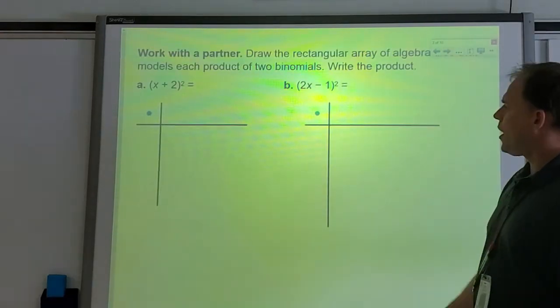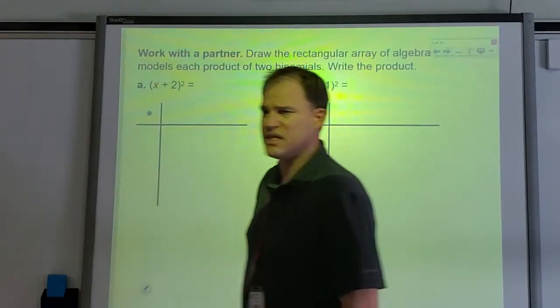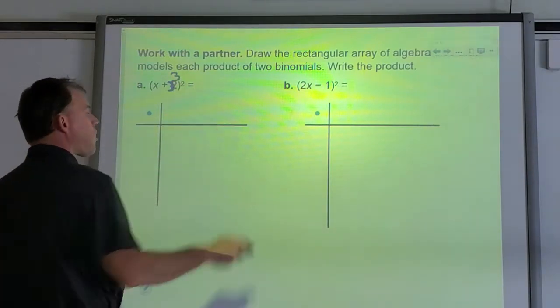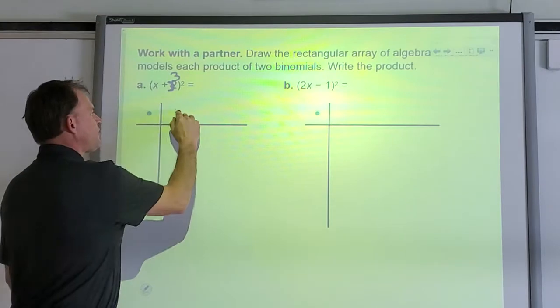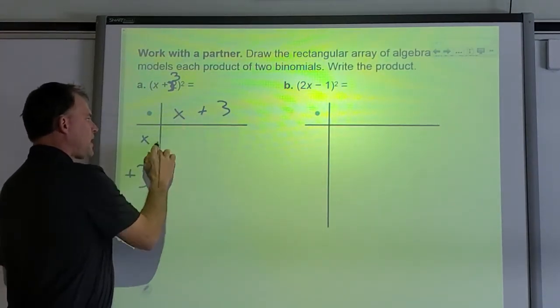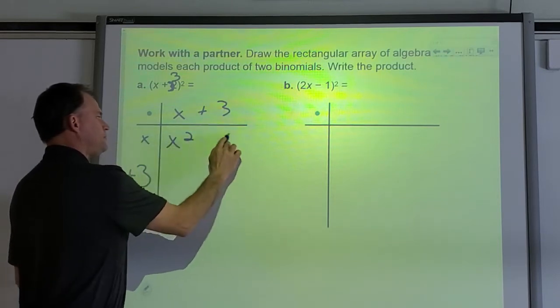I don't like this example. Let's change that to a 3. All right. So let's look at this here. If I've got x plus 3, x plus 3, I know I'm going to get x squared.